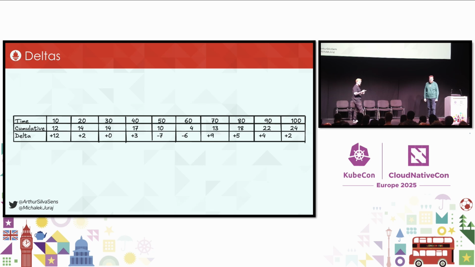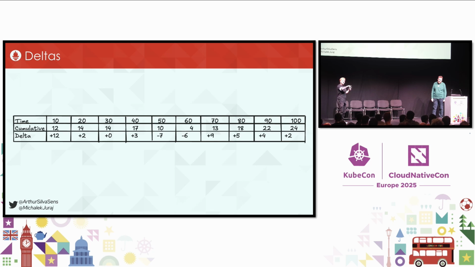But in OpenTelemetry, there are more counter types, the deltas. So here's a quick illustration. Let's say we have an app, and we are measuring HTTP requests. If we receive 12 HTTP requests in 10 seconds, the cumulative value will go up to 12, and the delta one will also go up to 12. 10 seconds pass, and we have only 2 requests.